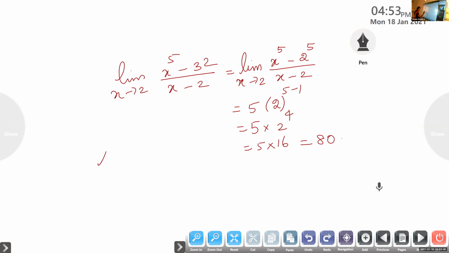Next one, evaluate limit x tending to minus 2, 1 by x plus 1 by 2 by x plus 2. Evaluate limit x tending to minus 2, 1 by x plus 1 by 2 by x plus 2.